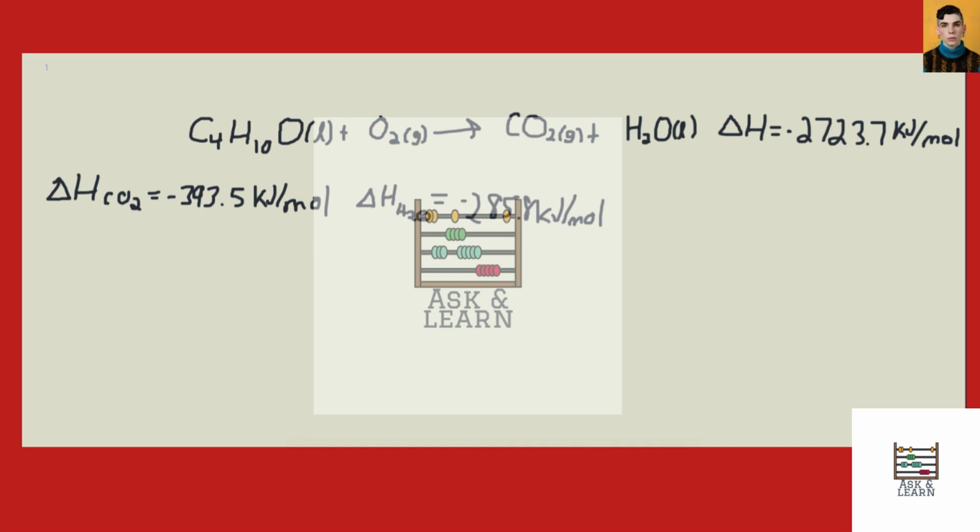The complete combustion of 1 mole of C4H10O to CO2 and H2O yields delta H equals minus 2723.7 kilojoules. Write a balanced equation for the combustion of 1 mole of diethyl ether. And then we're going to use the information in the problem to calculate delta Hf for diethyl ether.